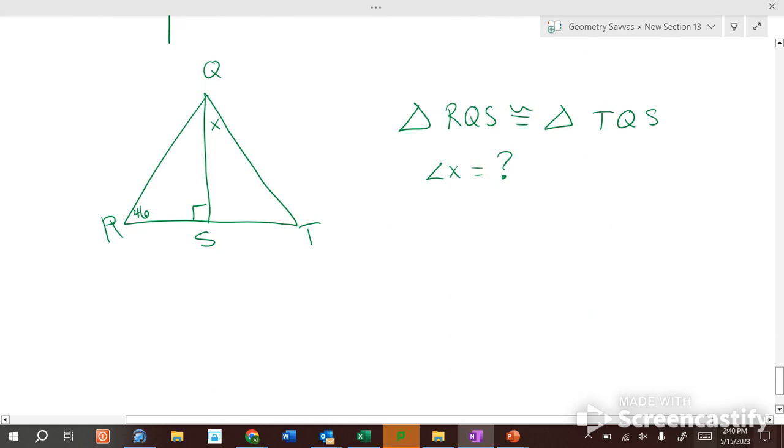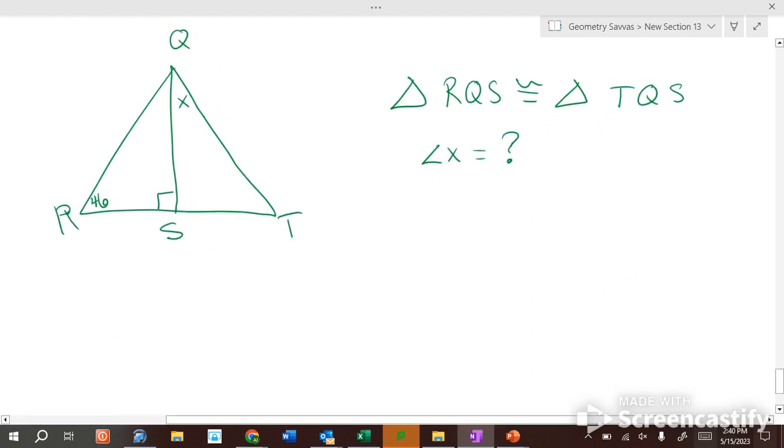How big is angle X there if those two triangles are congruent? That's 46 down in the lower left-hand corner. 44.